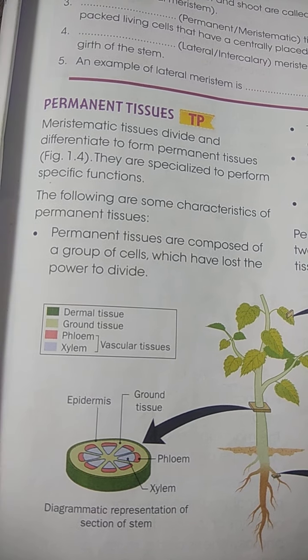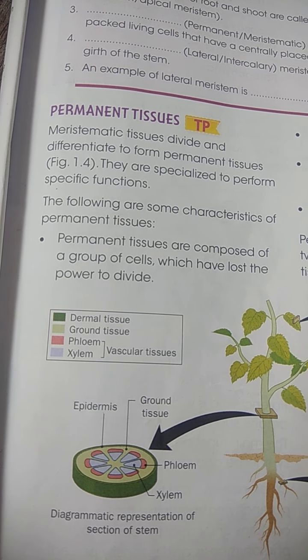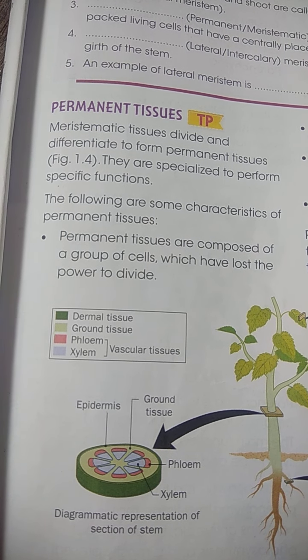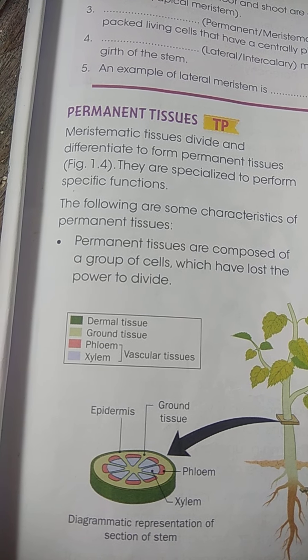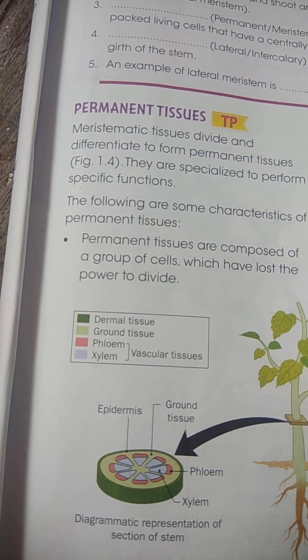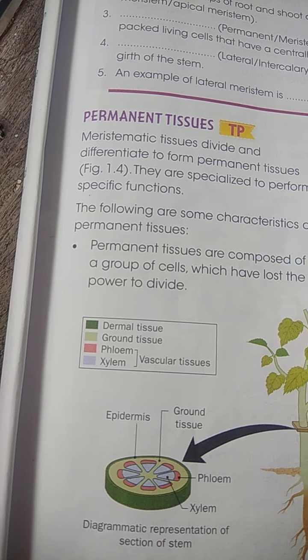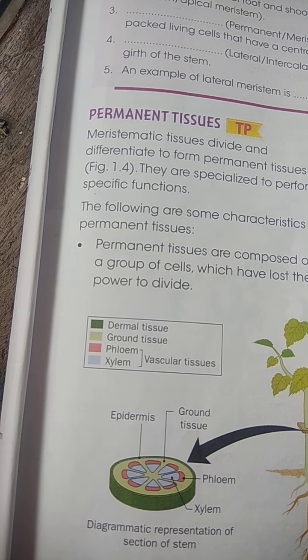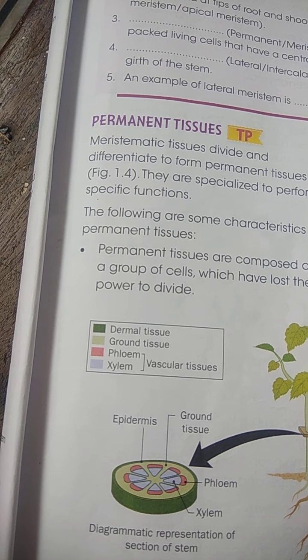Now, permanent tissues. Permanent tissues are made up of cells which have lost their ability to multiply. Means they lost their ability to divide. So they are not actively dividing cells. They lose their capability of division, so they are not capable of dividing or multiplying.